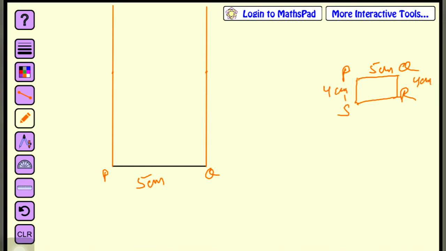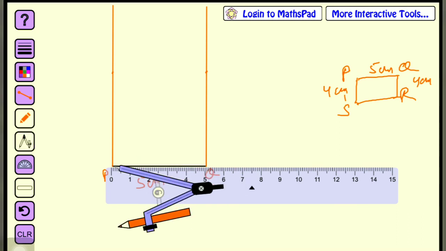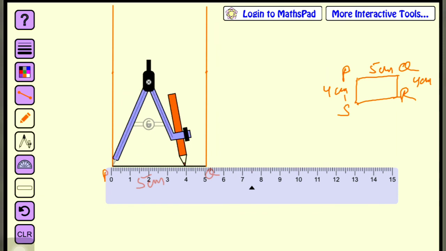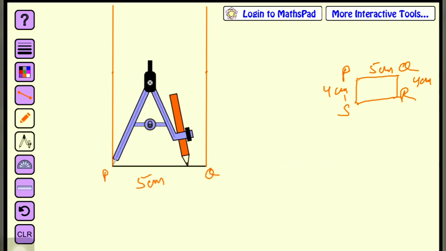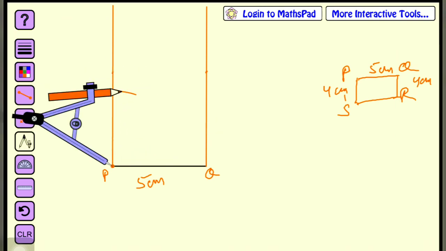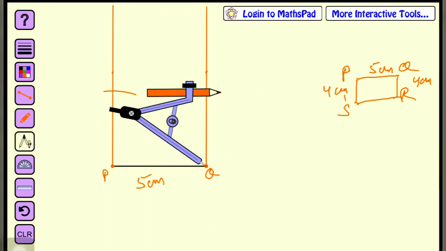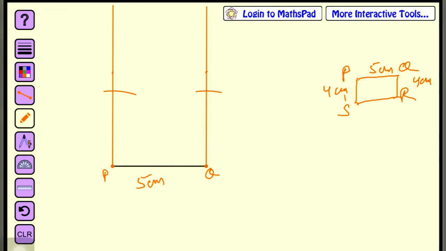So we will take the scale, use the compass and adjust this to 4 centimeter like this. Now taking point P as center, we will cut an arc of radius 4 centimeter, and then taking Q as the center, we will cut an arc of radius 4 centimeters. In this manner we will get point S and point R.